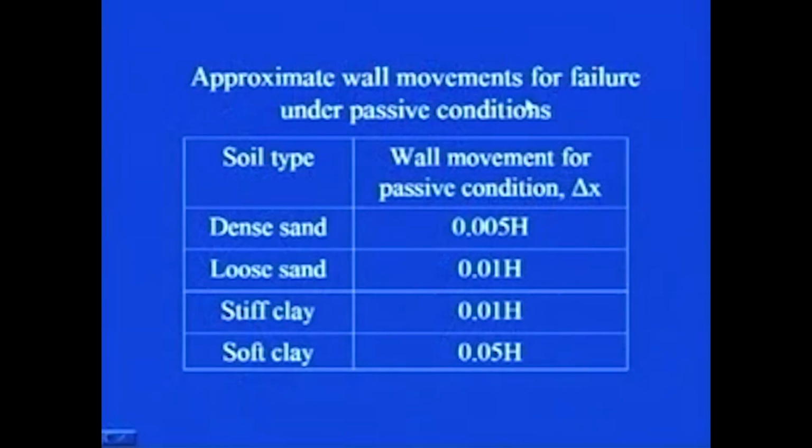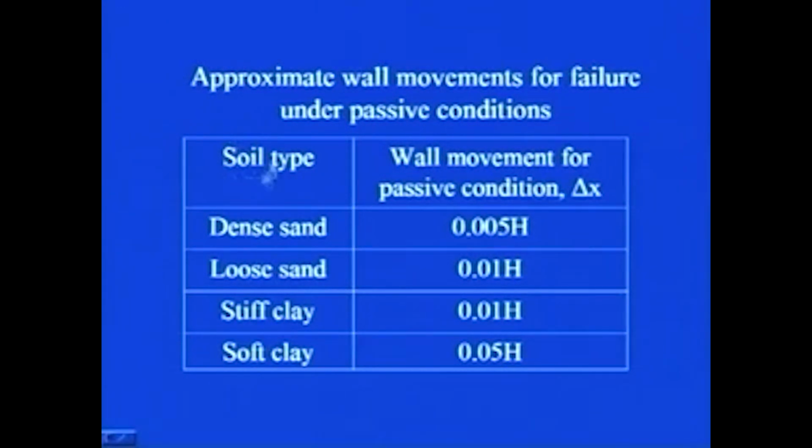Depending on the experience of various research workers and their engineering judgment, some guidelines have been given. These guidelines are not very hard and fast, they simply give you a little idea about the occurrence of passive condition. So, you see, approximate wall movements for failure under passive conditions. You have different types of soils.